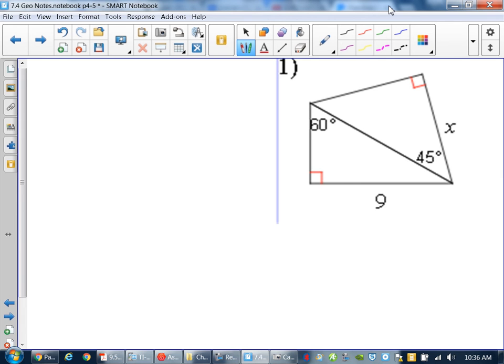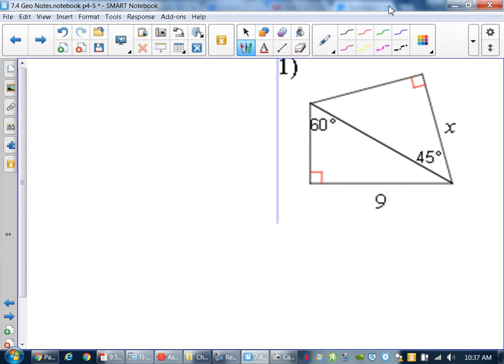Two different types of special right triangles. And this is a very, very common style problem. What I mean by that is, these types of problems, you aren't just solving for all the missing side lengths. These will be the types of problems where it's just going to ask you to solve for one of the side lengths.